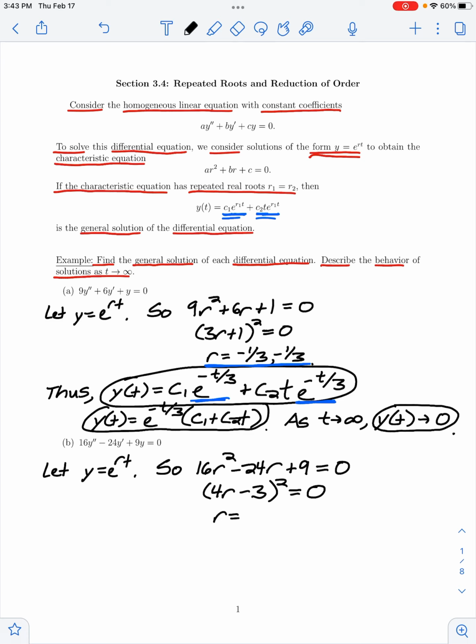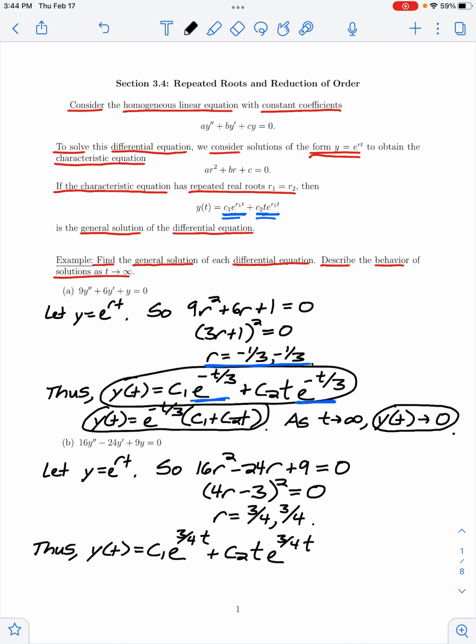So we have a single real root of multiplicity 2, or a double root, 3/4 and 3/4. So in this case of a repeated real root, our general solution is given by y of t equals c1 times e raised to the 3/4 t power plus c2 times t, e raised to the 3/4 t power.